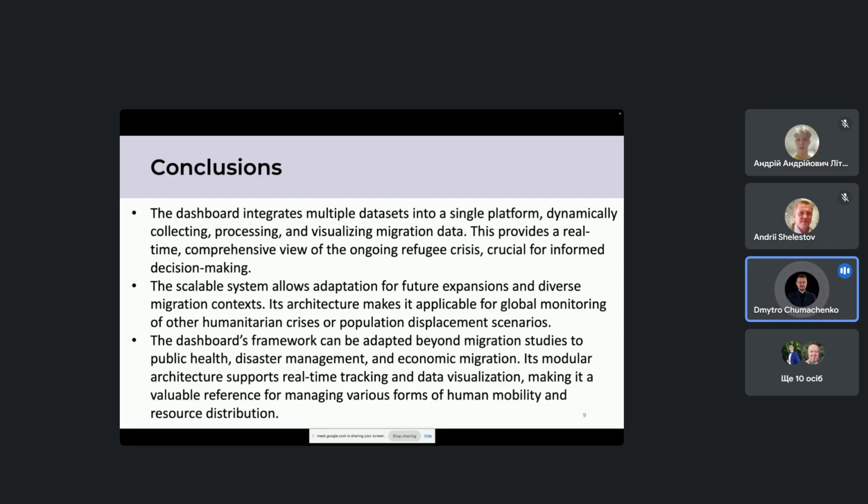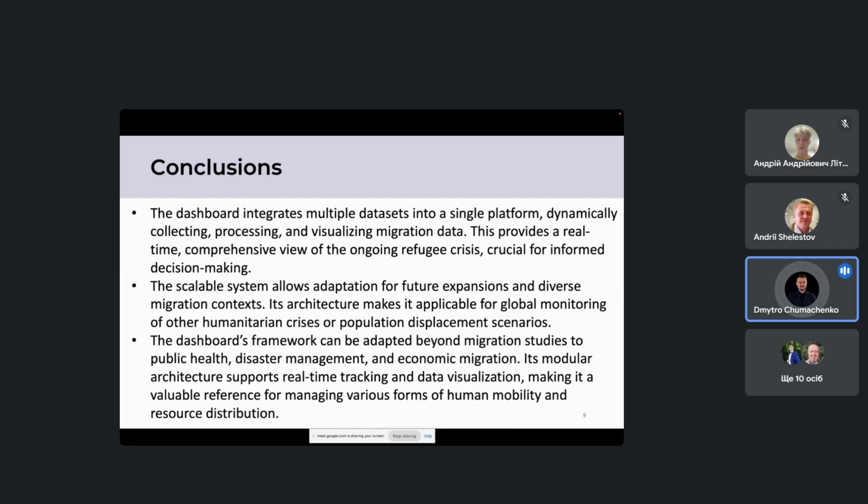The system's scalability, supported by modern web technologies and backend architecture, ensures that it can adapt to future expansions and be applied to different migration contexts globally. This capability is particularly relevant for future humanitarian crises or scenarios where population displacement requires continuous monitoring.